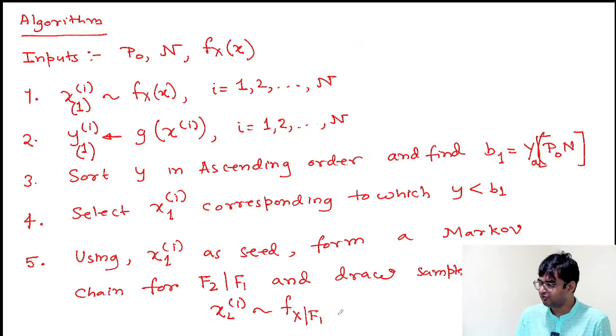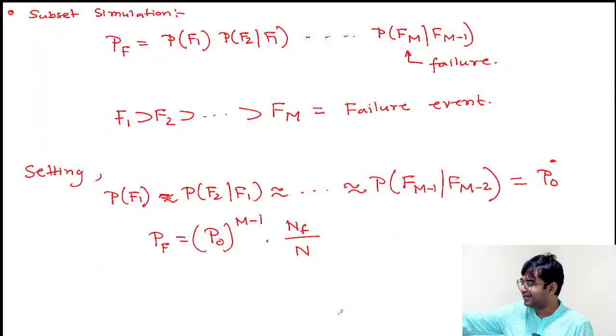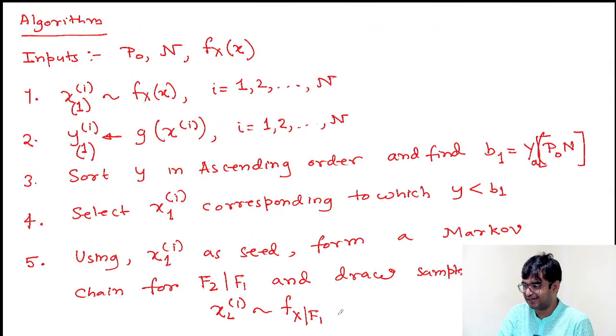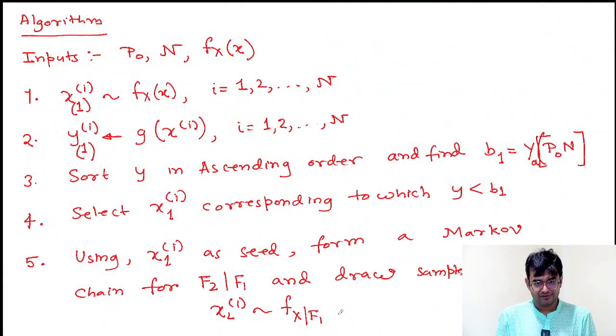Why x given f1? Because x is the variable, PDF of x given f1 has already occurred. Because it was f2 given f1, but f2 is the event, x is the sample, so PDF of x given f1 has already occurred. Okay? So you will draw samples from this distribution.